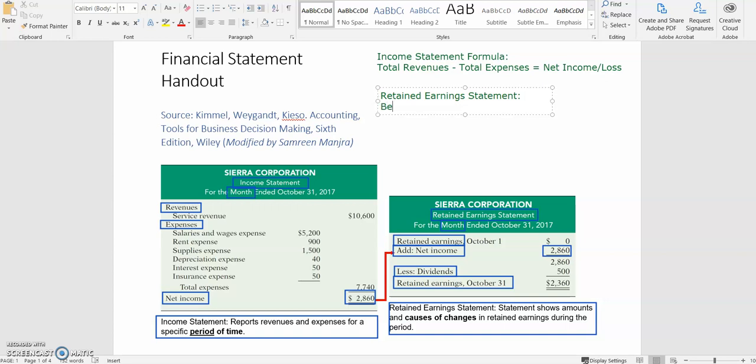You're going to start off with your beginning retained earnings, so the beginning of the period. You're going to add the net income, which is coming from the income statement, minus any dividends that a company may have. You might come across some problems where there's no dividends. You'll just enter in 0. And then you're going to have your ending retained earnings.